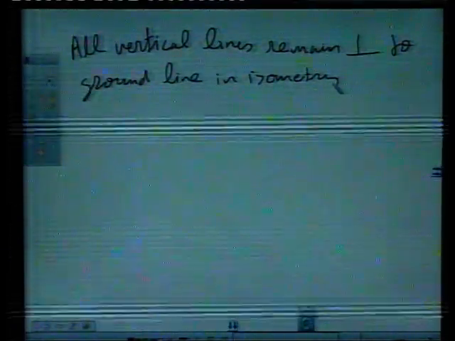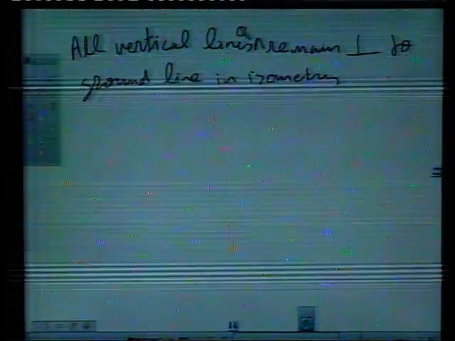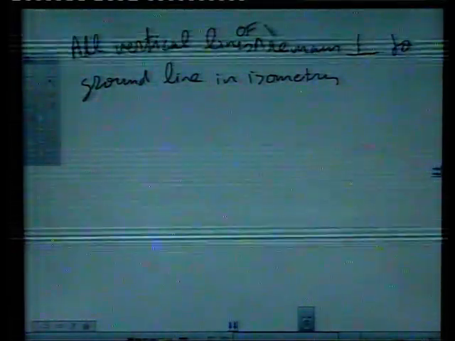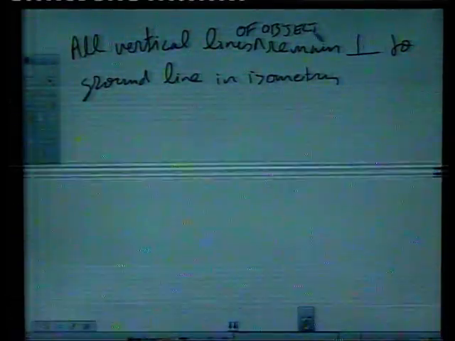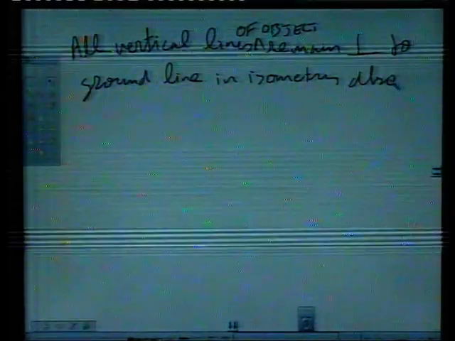All vertical lines of object remain perpendicular to ground line in isometrics also, right.